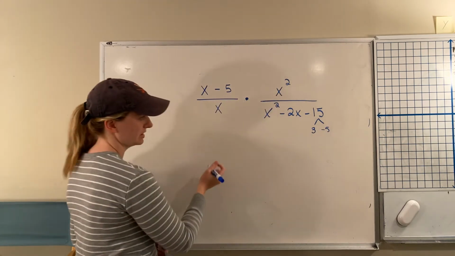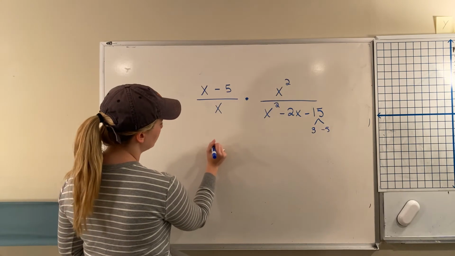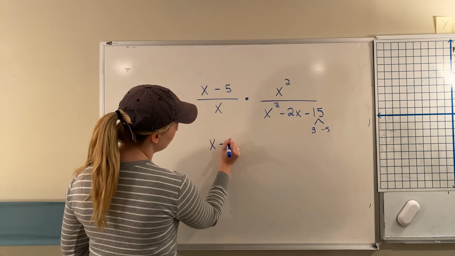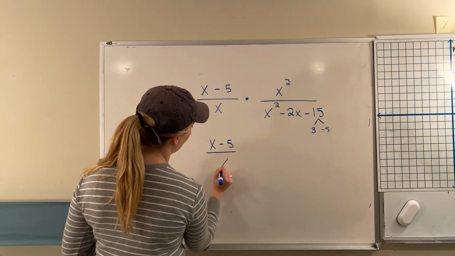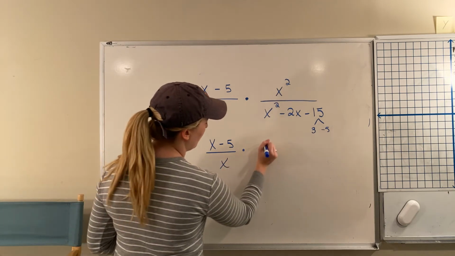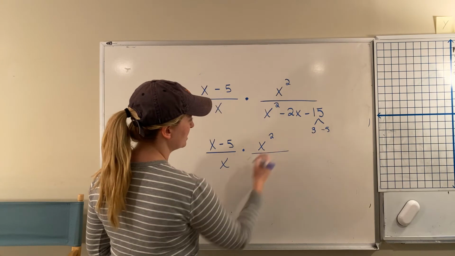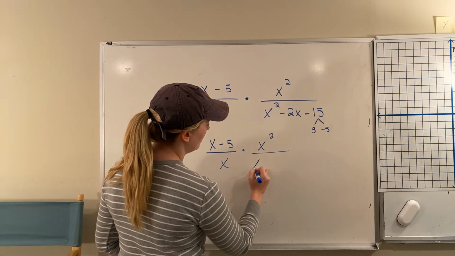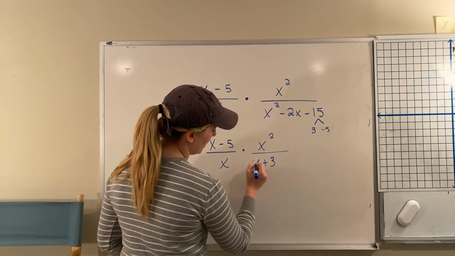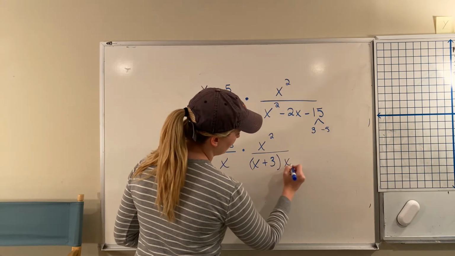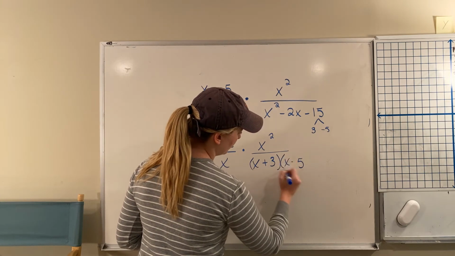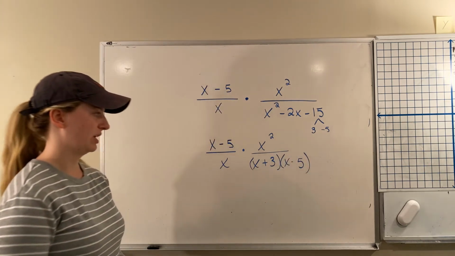So I found my factors. So rewriting my expression, I have x minus 5 over x times x squared over, copy down your factored form, x plus 3, x minus 5.